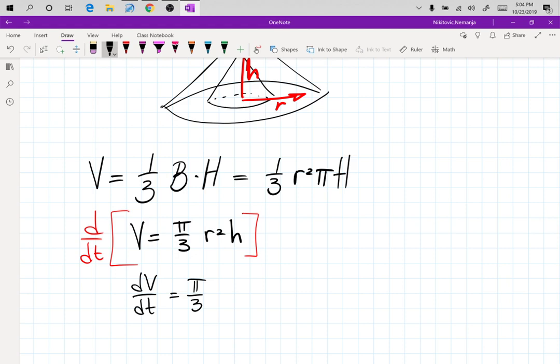Product rule. Radius is a variable, height is a variable. They are changing, so we need to use the product rule. So for the product rule, copy the first, r squared, times the derivative of the second, dh/dt, plus copy the second, h, times the derivative of the first, 2r dr/dt.